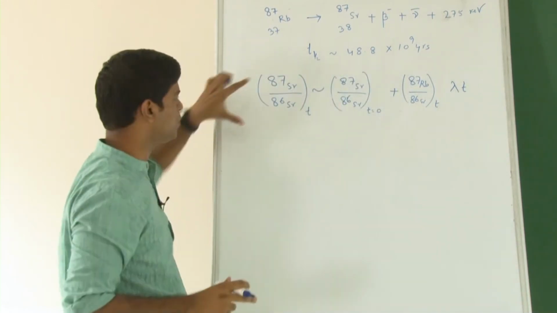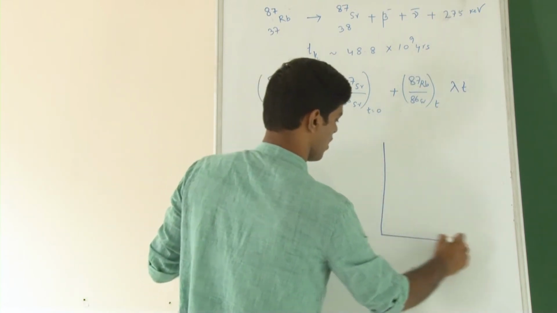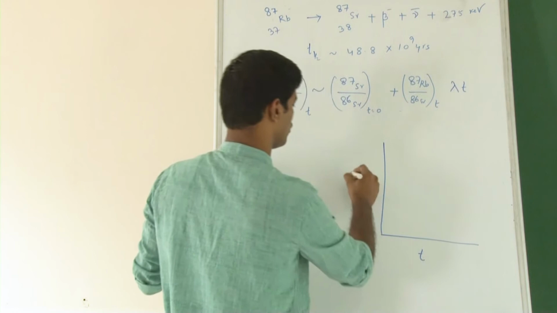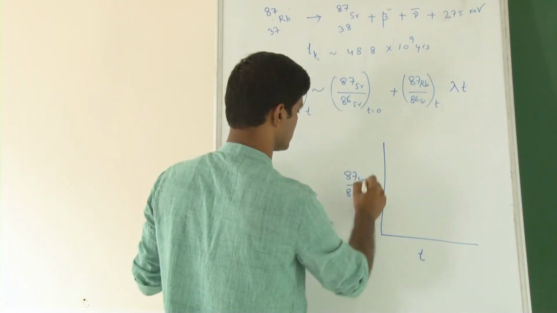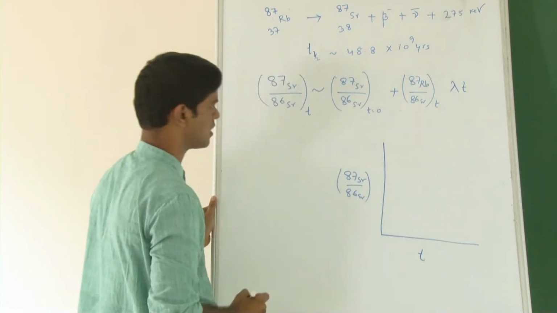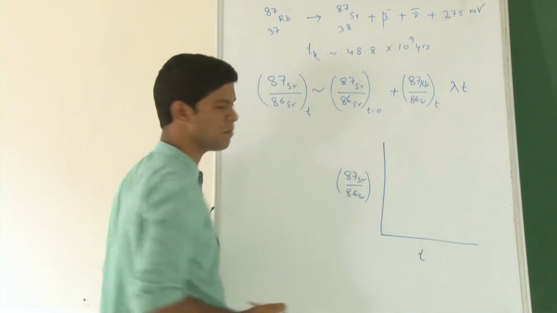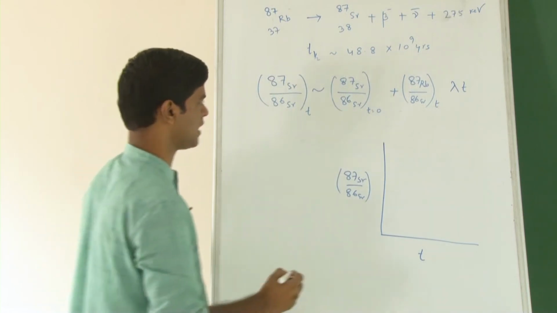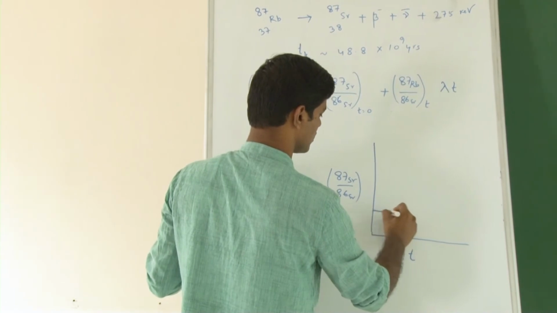Now, let us put a graphical representation of this equation with time, to see how 87 by 86 strontium varies for different minerals. Let us say you are looking at a mineral where rubidium is 0. In that case, this will not change, wherever it starts, that stays.